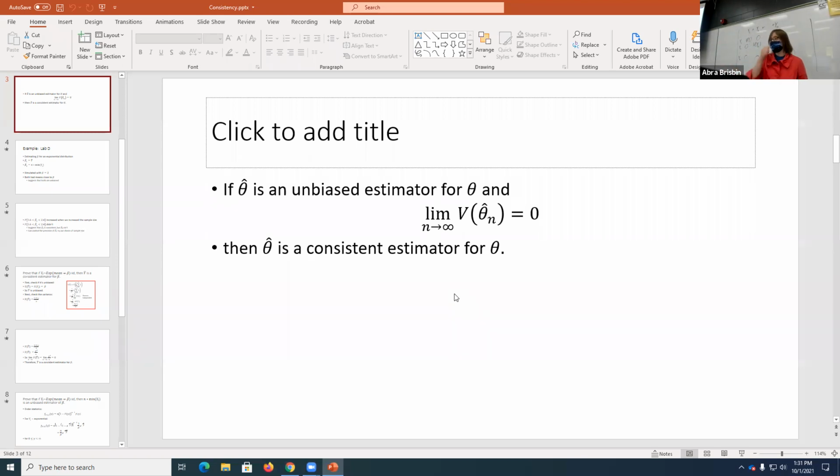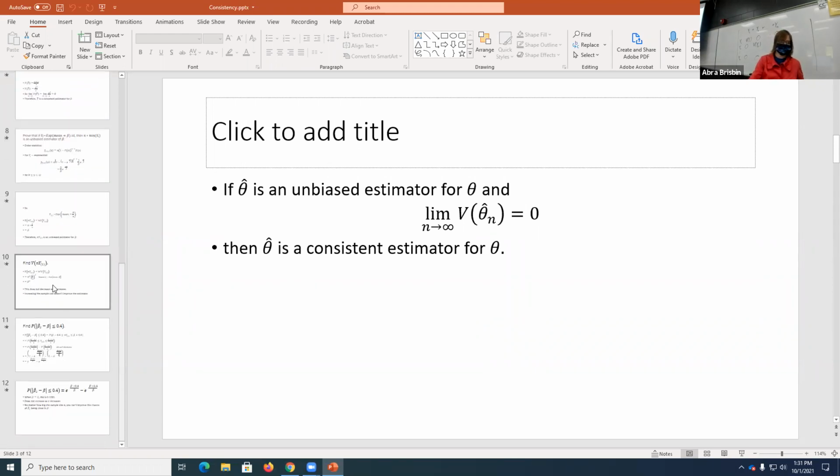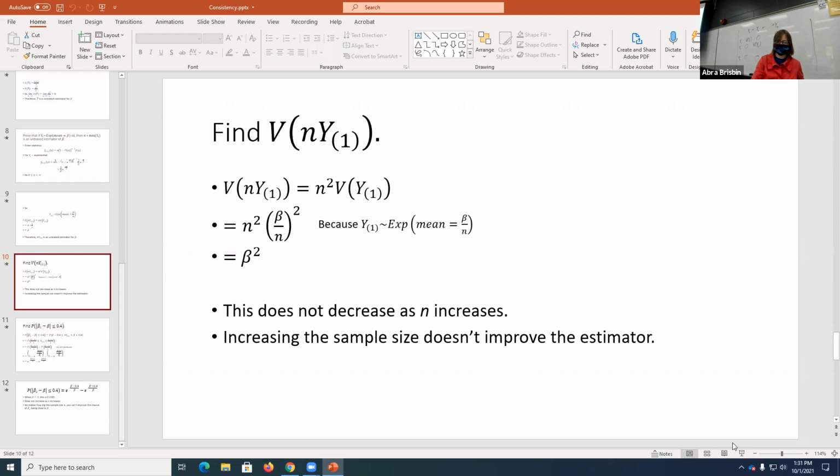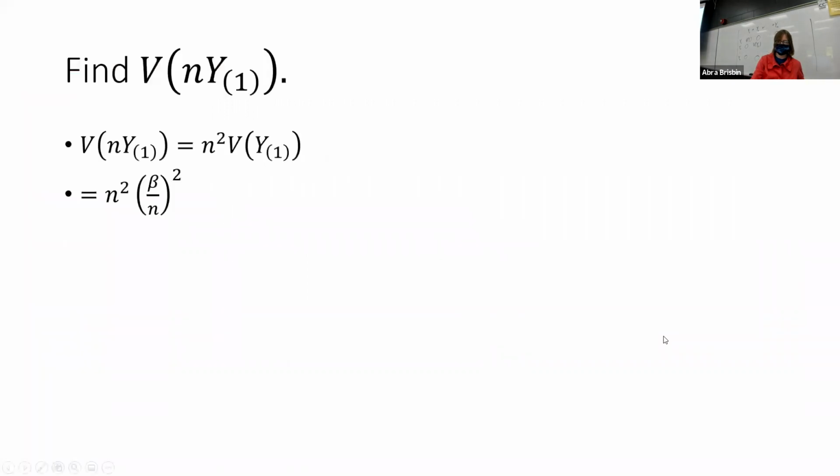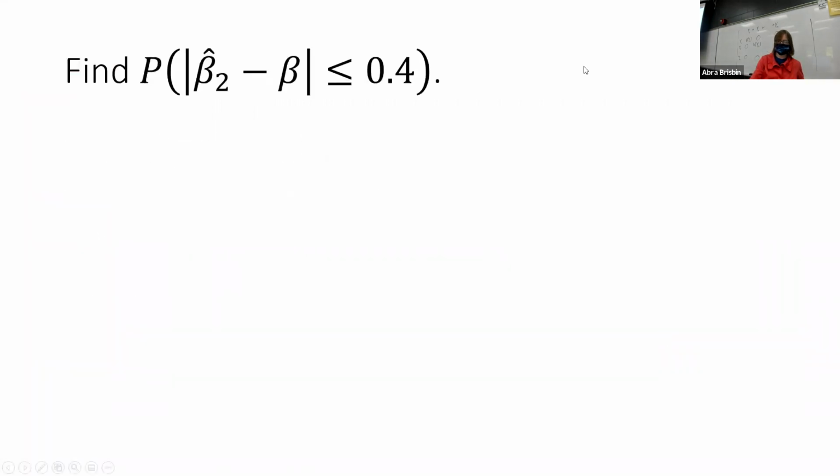In order to actually prove that it's not a consistent estimator, we want to pick some epsilon and find the probability of being within that epsilon of the true value of the parameter beta.